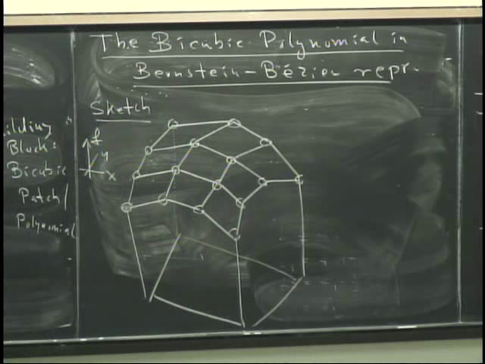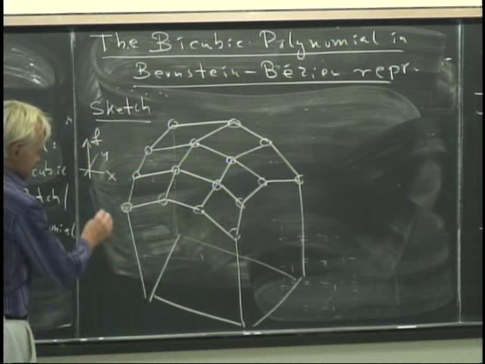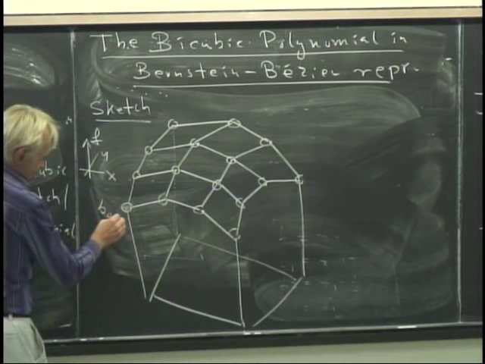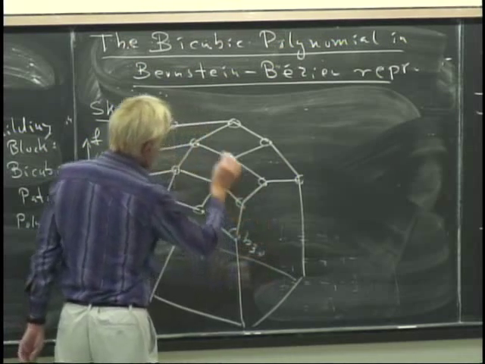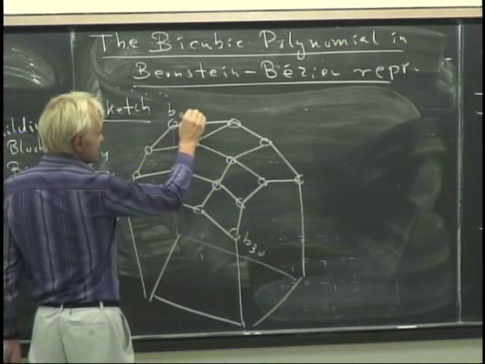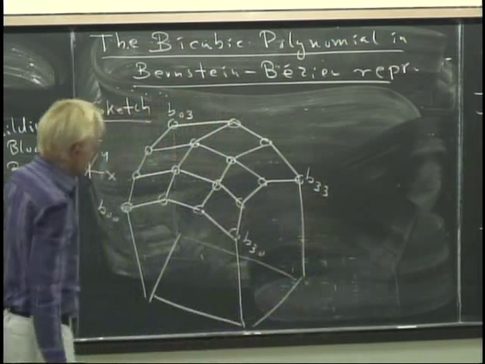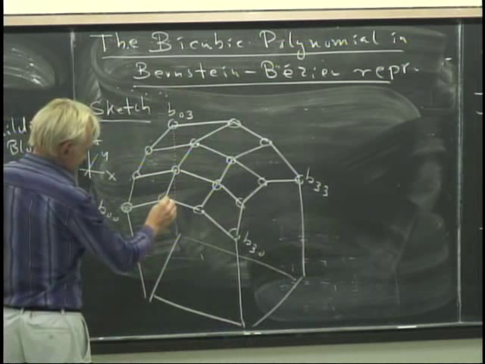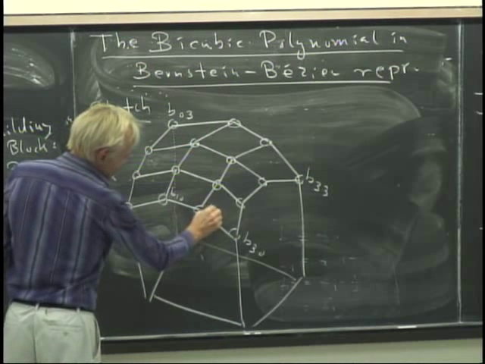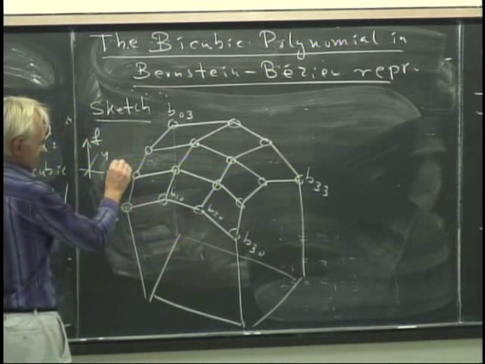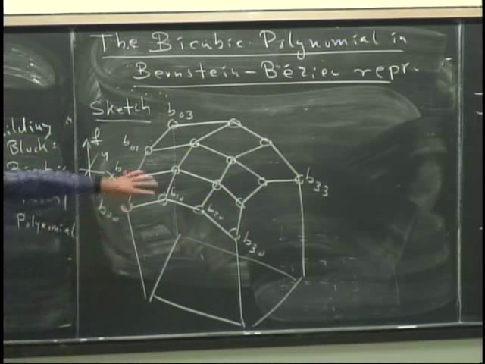And these control points have names. So now they have two indices. The first guy is called B 0, 0. This guy would be called B 3, 0. This guy would be called B 0, 3. And this guy would be B 3, 3. So then this guy, for example, would be B 1, 0. This would be B 2, 0, and so forth. You get the idea. This one is B 0, 1. This is B 0, 2. And I don't have to give the names of the others.